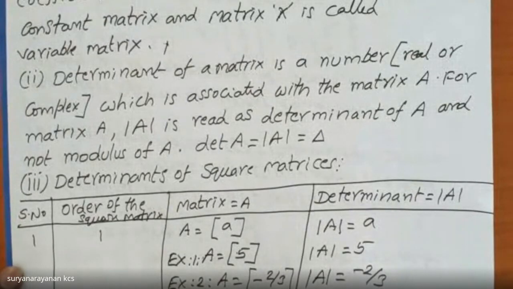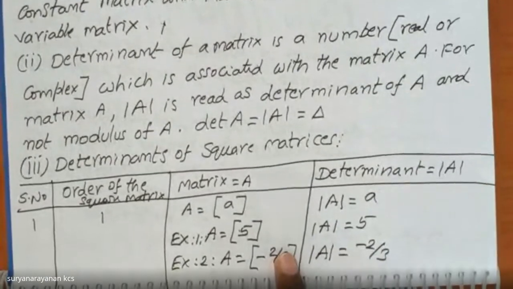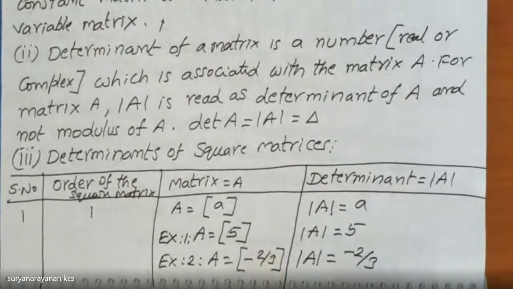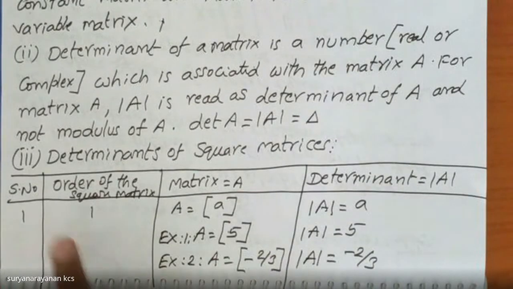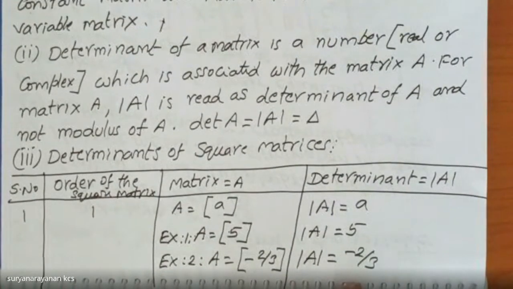Whatever the element is inside the matrix, the same number. We should not change its sign. Understood this one? How to find the determinant of a square matrix of order 1? Is it clear? Yes, sir.